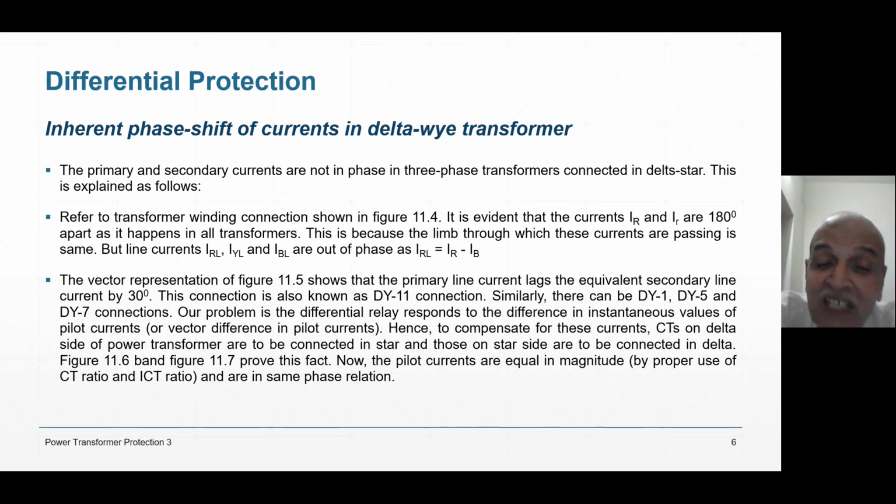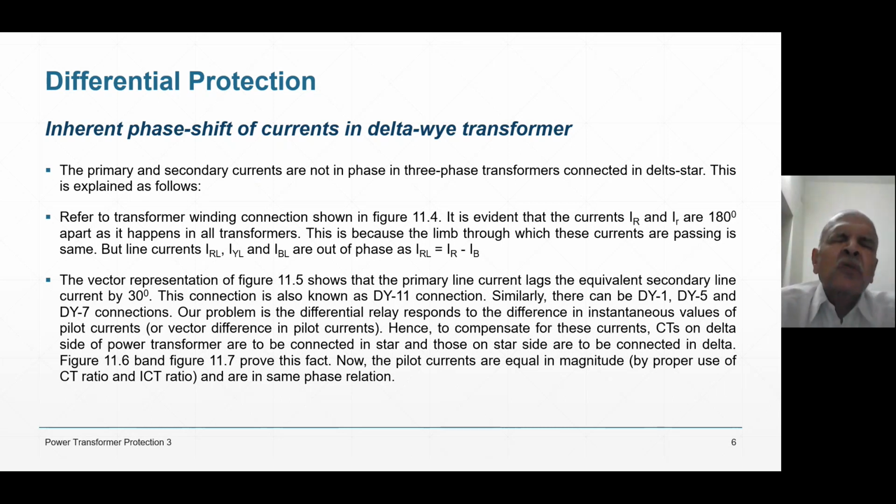But when we use delta Y transformer, we are thrown into another problem, that there is a 30-degree phase shift. DY11, DY1. In one case plus 30 degree, another case minus 30 degree. That means primary and secondary currents are not in phase.